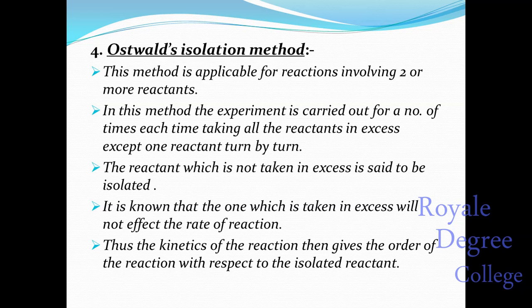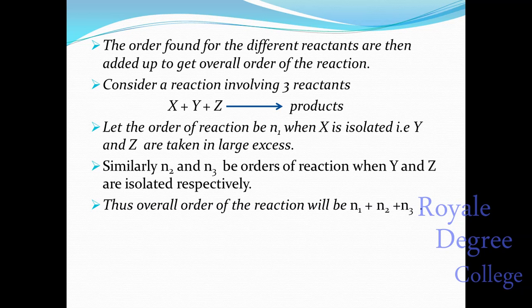So the reactant which is not taken in excess, which is in small quantity, is said to be isolated. It is known that the one which is taken in excess will not affect the rate of reaction. Thus, the kinetics of the reaction gives the order of reaction with respect to the isolated reactant. So, the orders found for the different reactants are then added up to get the overall order of reaction.